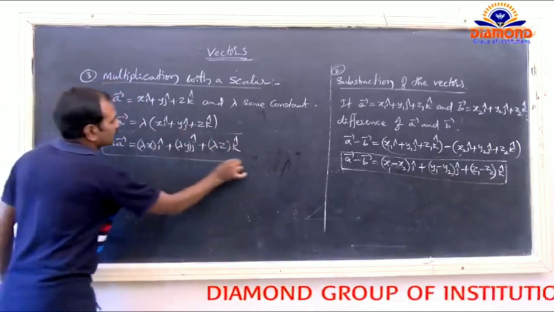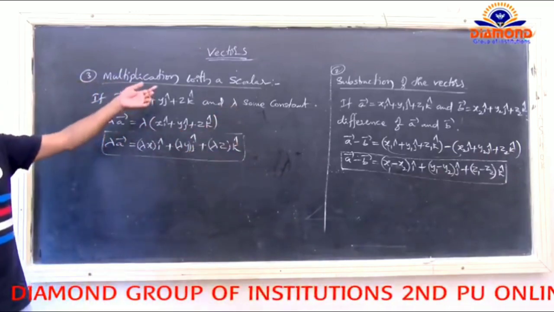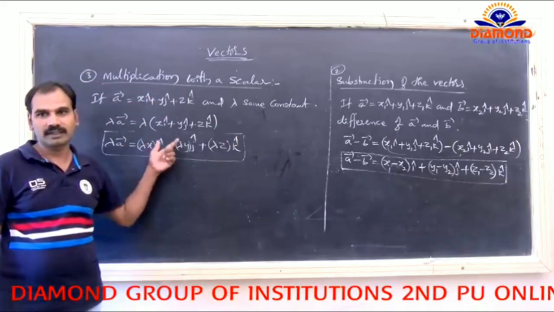So this is multiplication with a scalar like this.